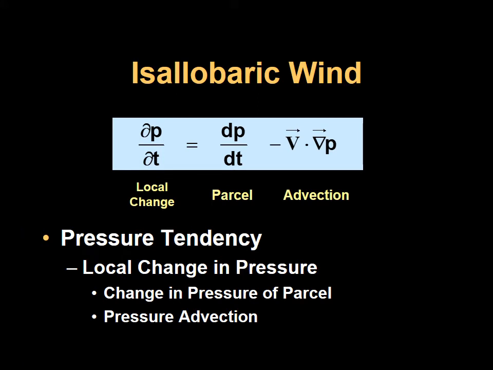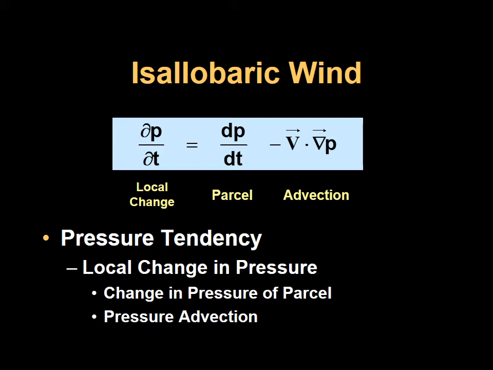So if you remember from our discussion on temperature advection and also vorticity advection, we had an equation that related local changes to advection. And we're going to try that with pressure now.